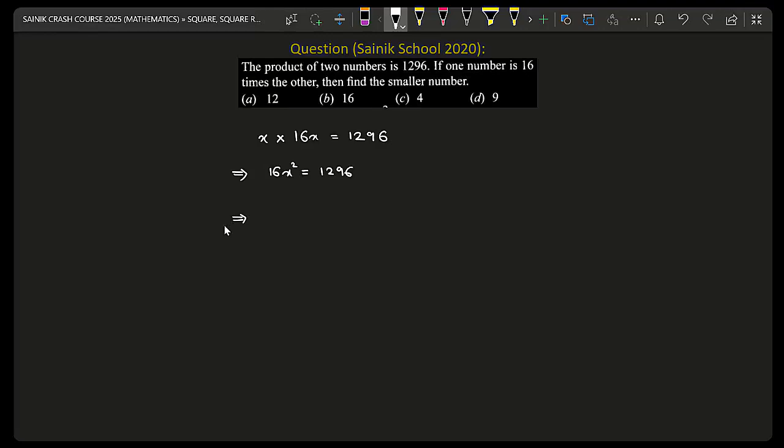First, you transpose 16, right? Yes, sir. So if you transpose 16, which operation are you going to get? So division. 1296 divided by 16. Okay. Can you help me in doing division? Yes, sir. So how can we do this?